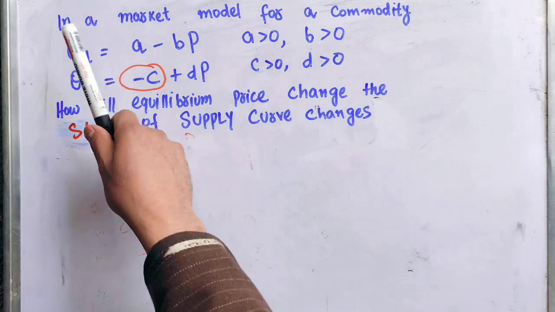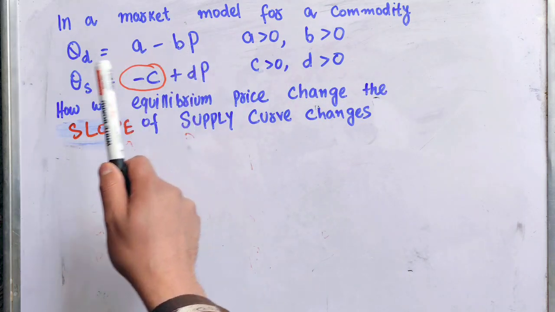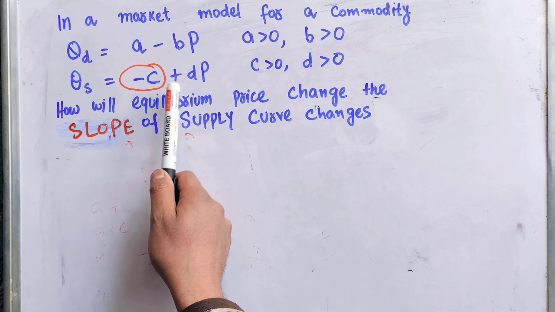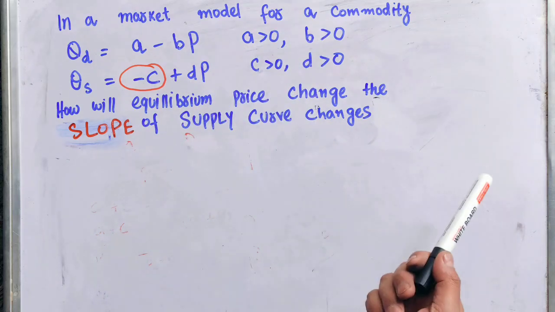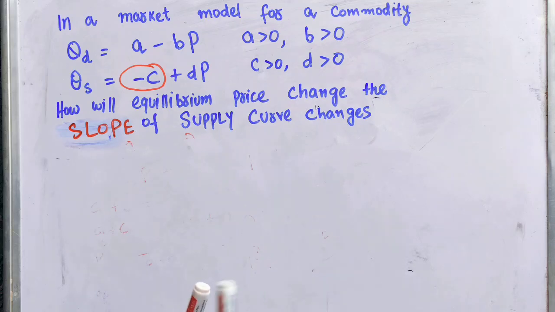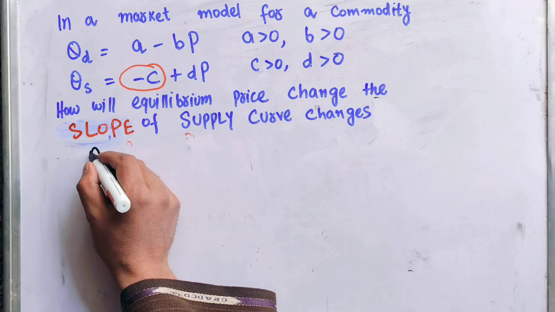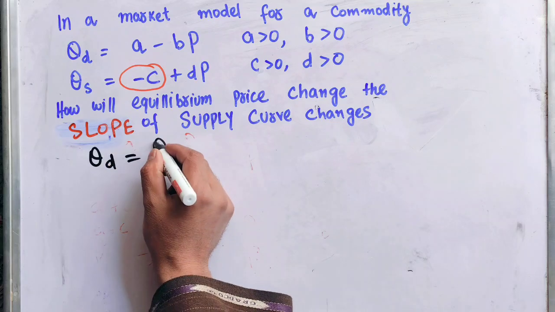The question is, in a market model for a commodity, quantity demanded is equal to A minus BP, quantity supplied is equal to minus C plus DP, where A, B, C, D are greater than 0. We need to find out how the equilibrium price will change when the slope of the supply curve changes. At equilibrium, quantity demanded is equal to quantity supplied.